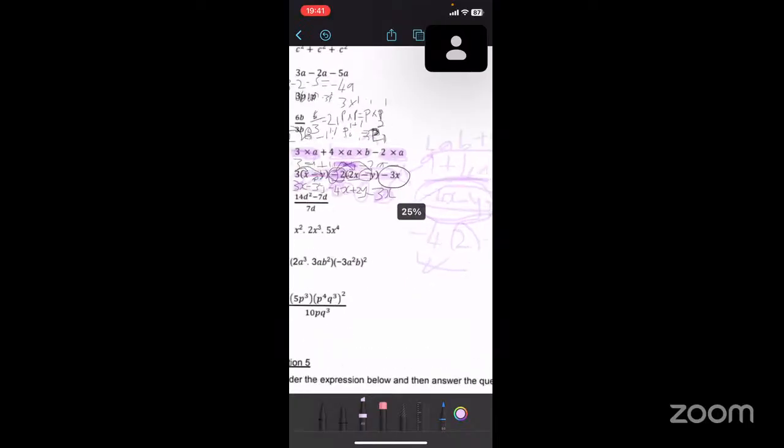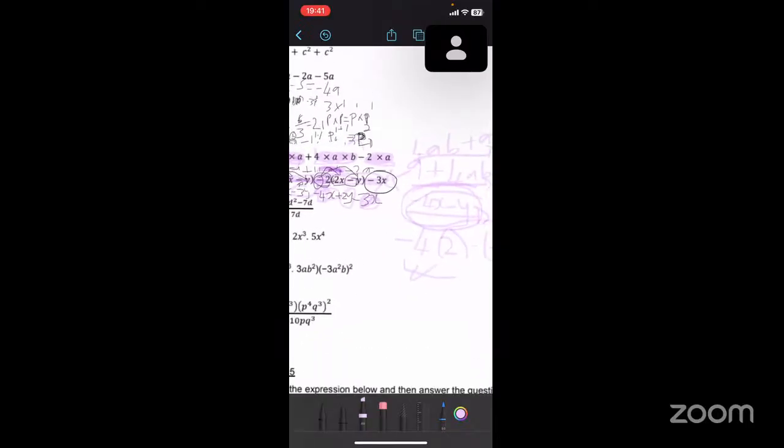If you don't get the same, that means your answer is incorrect. So you probably did something wrong along the way as you were calculating. You may need to recalculate or re-simplify if you have enough time. But if not, you move on.